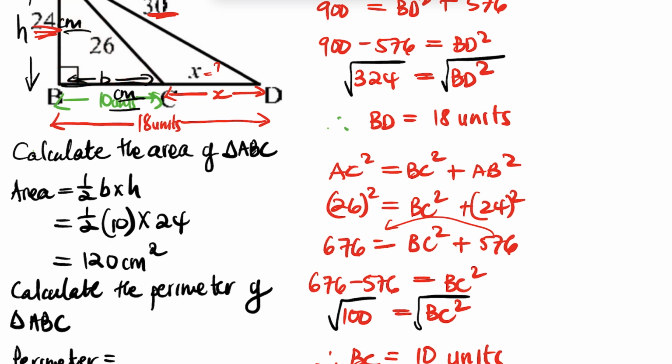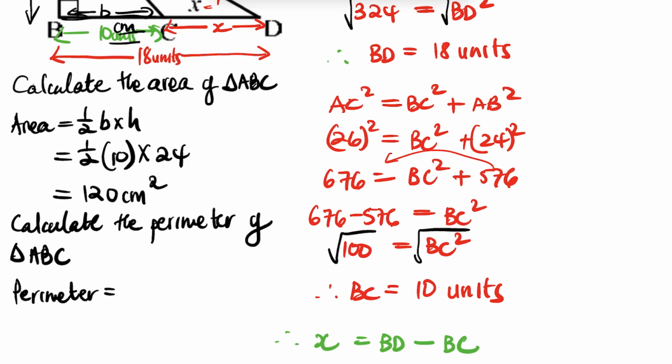But when we talk about the perimeter, we are talking about the sum of these sides. You say this side plus this side plus this side. That's the perimeter. So the perimeter of the triangle is going to be 10 plus 26 plus 24. So this will be 50, and plus 10, it will make 60 centimeters, if it's centimeters.